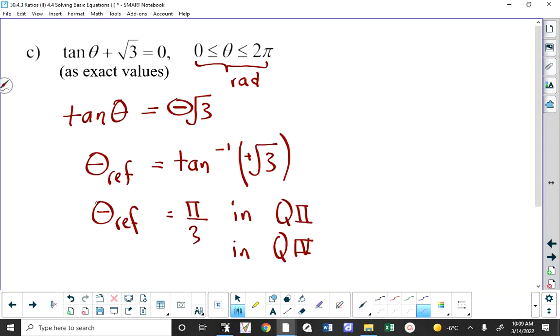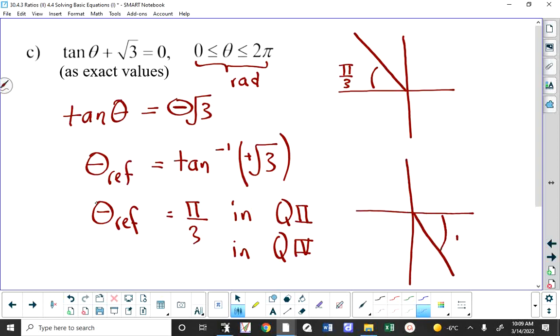All right, so let's sketch that. In quadrant 2, see, this is the nice thing. Even though it's pi over 3, I know pi over 3 is 60 degrees, right? And in quadrant 4, pi over 3. So what is the rotation angle?